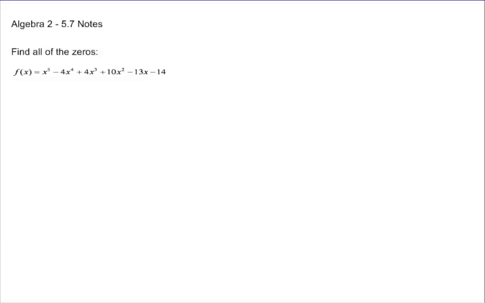Okay, so we want to find all the zeros of this polynomial, and it's a long one. And when we do that, we're looking for the degree. We need 5 zeros. Okay, so we're going to look for 5 zeros. And the easiest way to get started is to graph this guy.